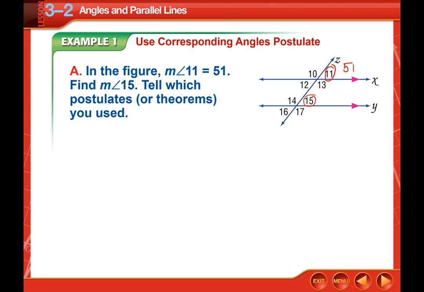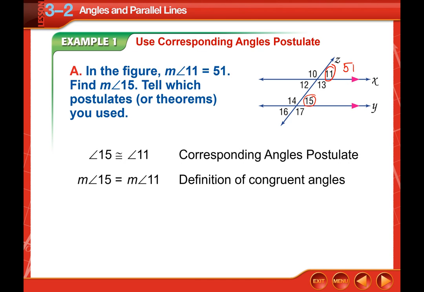They're both on the same side of the transversal and both on the same side of the parallel lines. So angle 15 has a measure of 51 due to the corresponding angle postulate. 15 is congruent to angle 11. Since they're congruent, we know that their measures are equal. We substitute, and we have our answer.